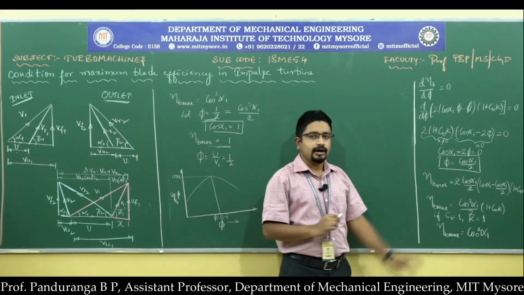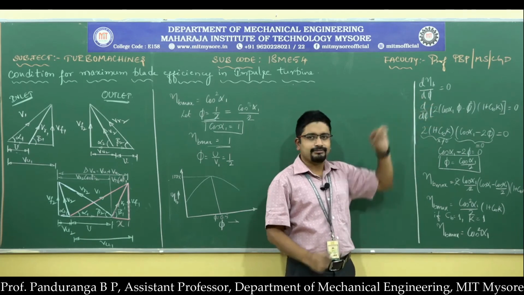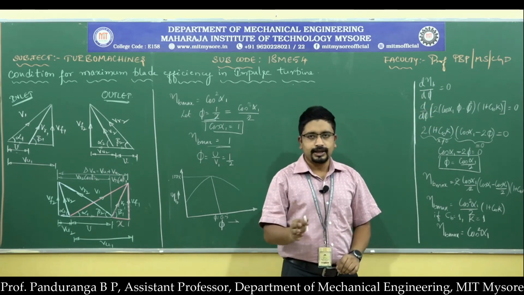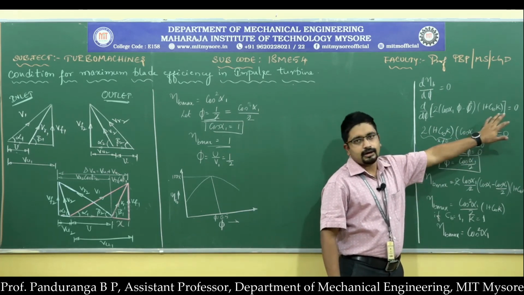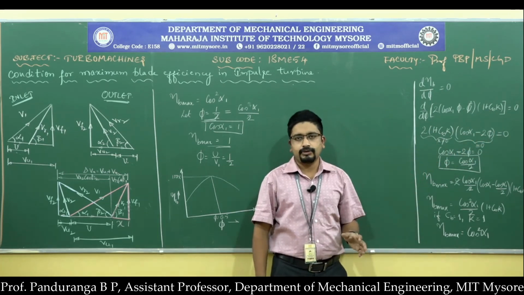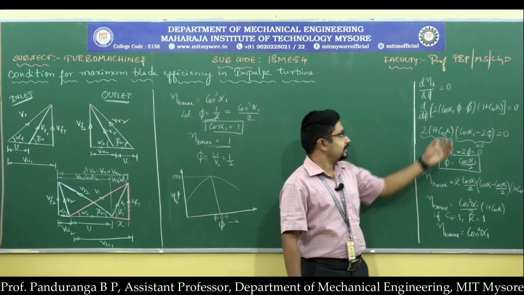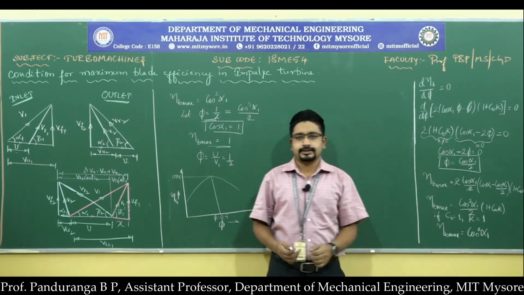This is because the variation of phi has maximum effect on the blade efficiency, and the values of Cb and K are very close to 1, so we can neglect that, and alpha 1 is fixed.